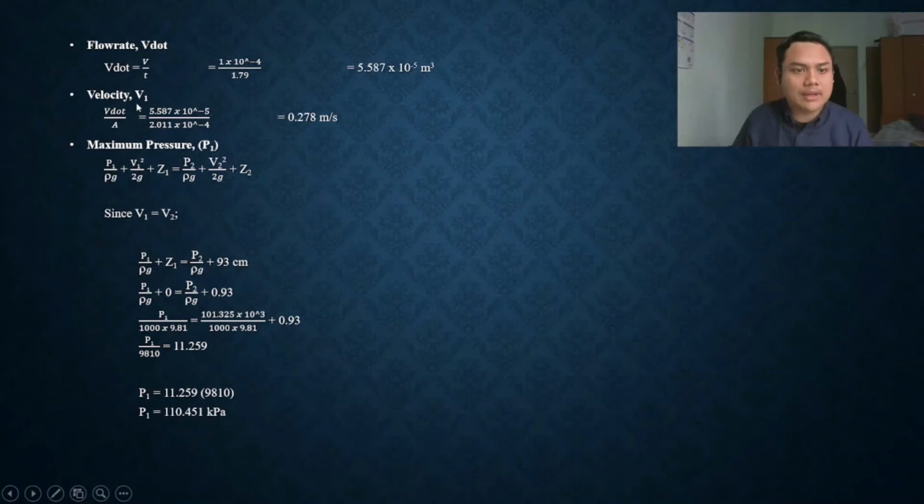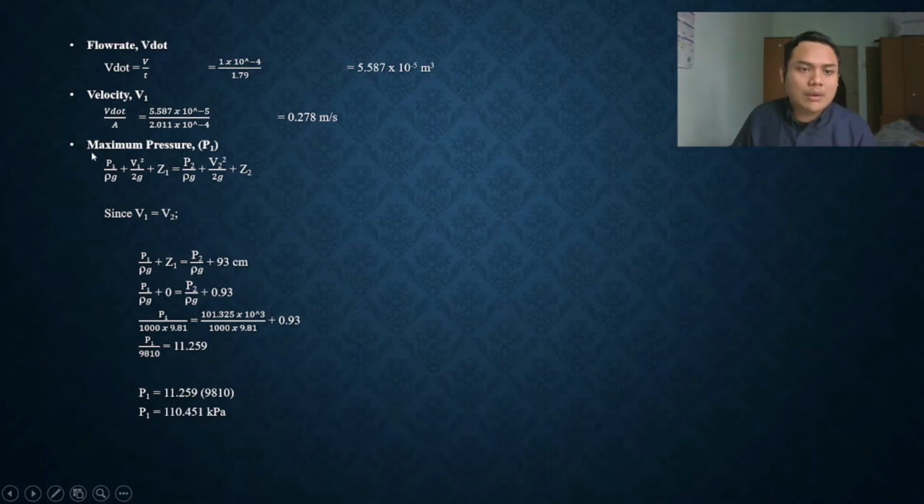So our velocity is flow rate V dot divided by area. Our area is 2.011 times 10 power of negative 4, and our flow rate just earlier is 5.587 times 10 power of negative 5. So we got 0.278 meter per second.